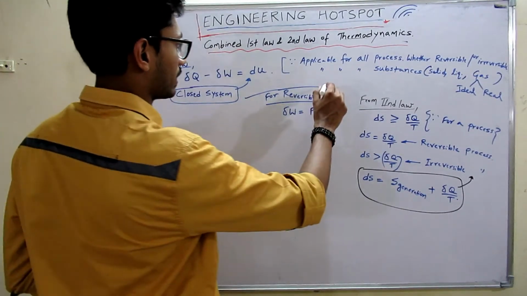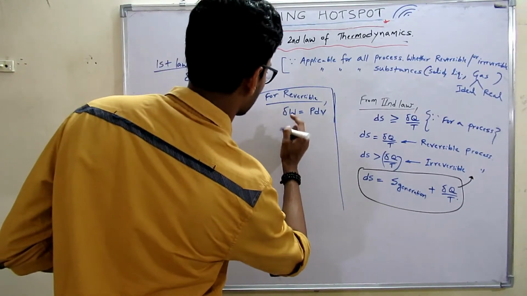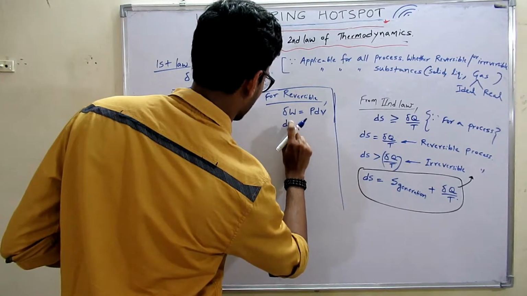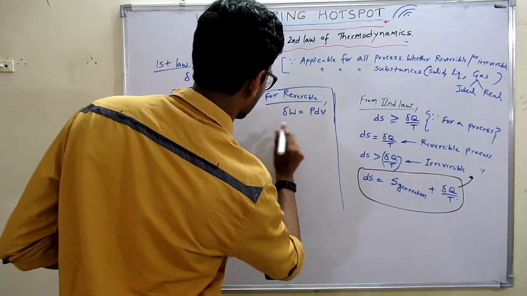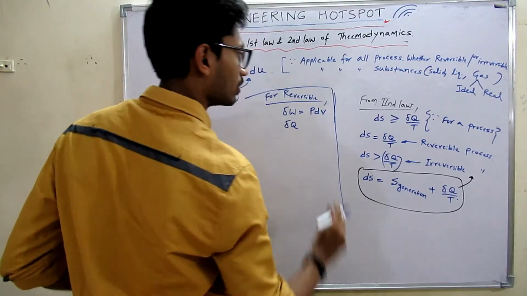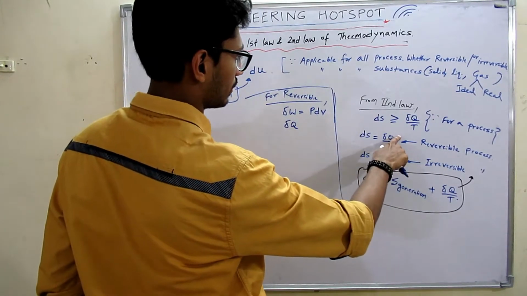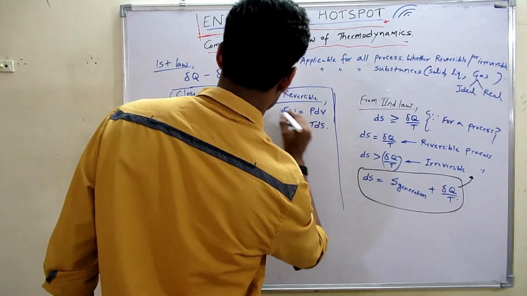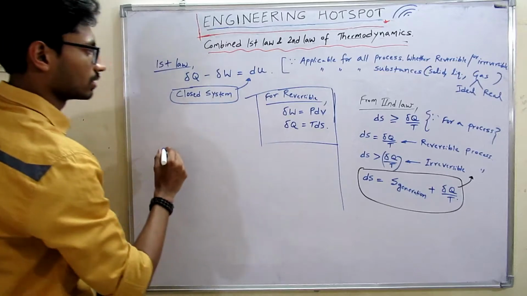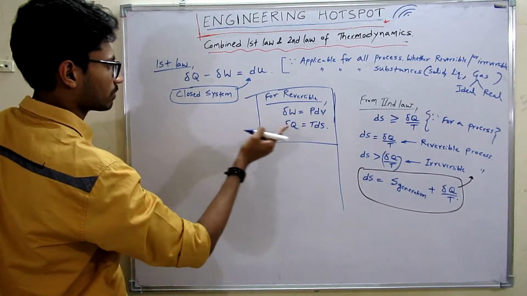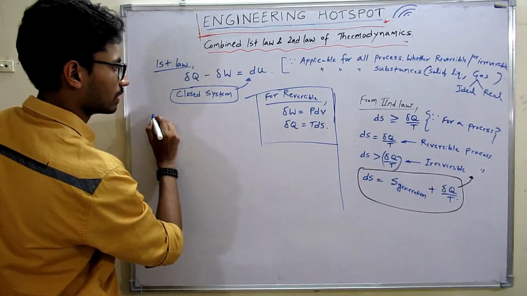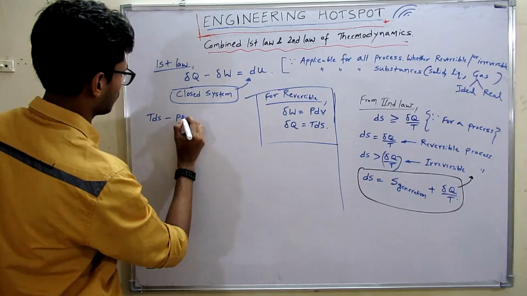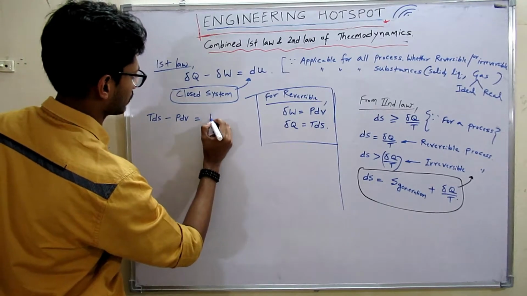So, if I am writing for a reversible case, then delta W is equal to PdV and delta Q is equal to TdS. So try to replace this here. It will be TdS minus PdV is equal to dU.